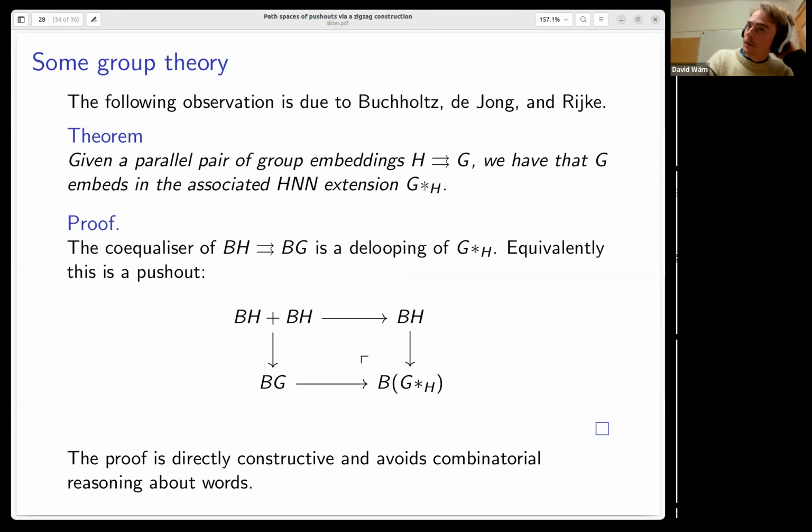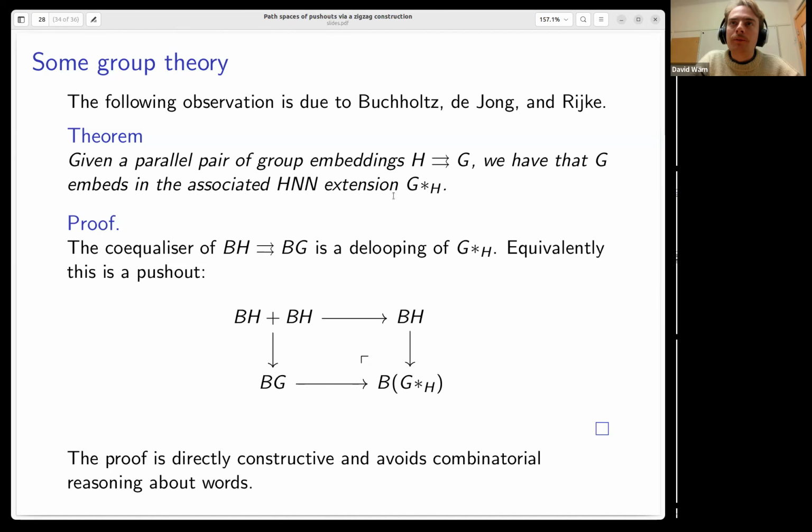And then there's this group you can construct, which is called the HNN extension, which has some universal property, and there's an important result that a particular map from G into this HNN extension is an embedding. Normally this is something you prove in a combinatorial way and often in a non-constructive way. And it turns out that it just follows directly from these results.